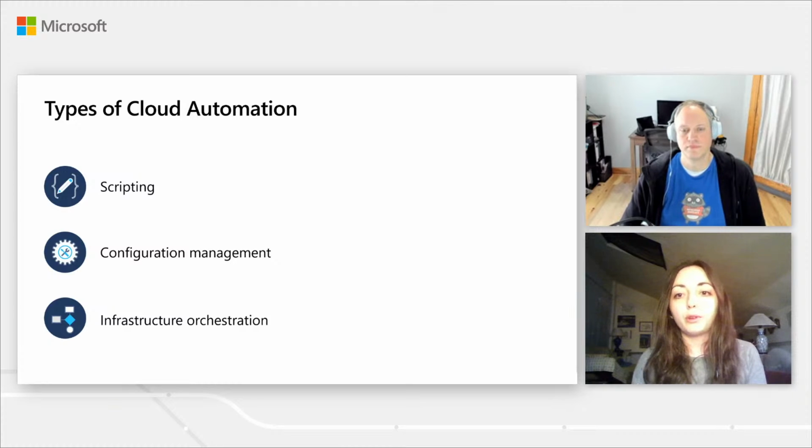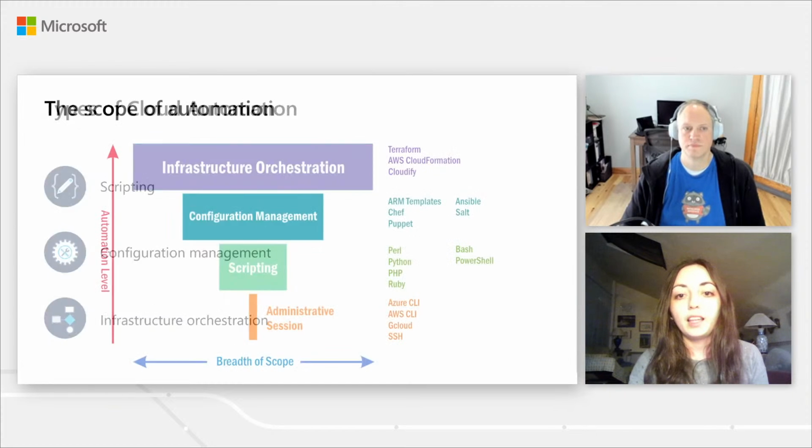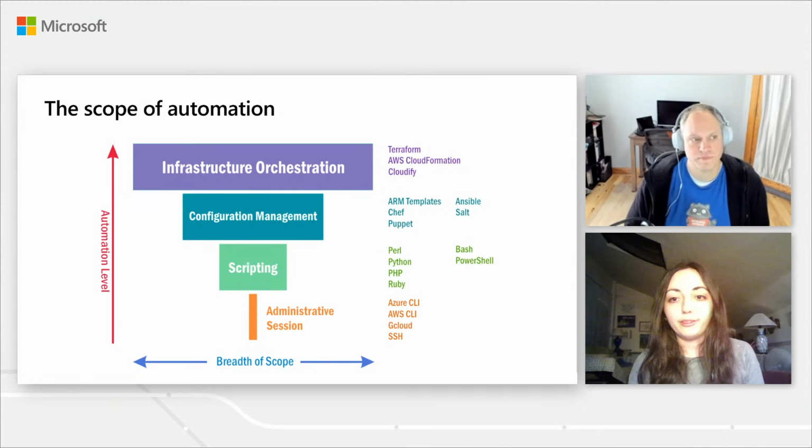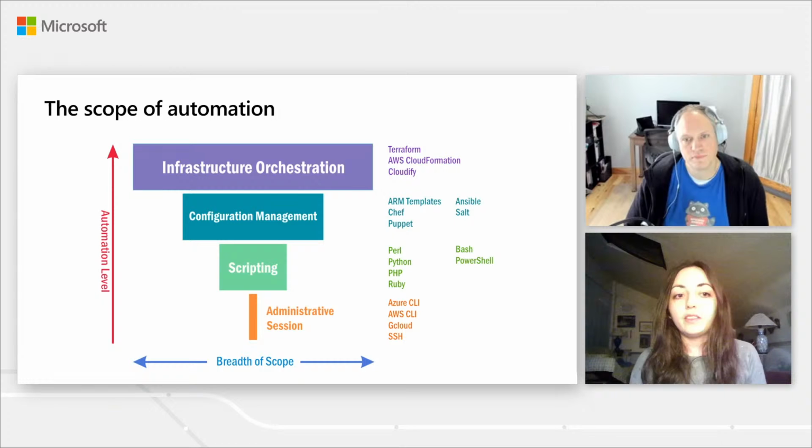Configuration management tools identify the resources that make up a solution and define how they work together to achieve a common goal. This is also known as infrastructure as code. And the last form of automation is infrastructure orchestration. Infrastructure orchestration tools automate the entire lifecycle of a solution and implement a plan for delegating resources to each application making up the solution. So now in this figure, we can see the 3 levels of automation. Scripting is the most basic of the 3 and involves using scripting languages such as Bash and PowerShell, or programming language like Python.